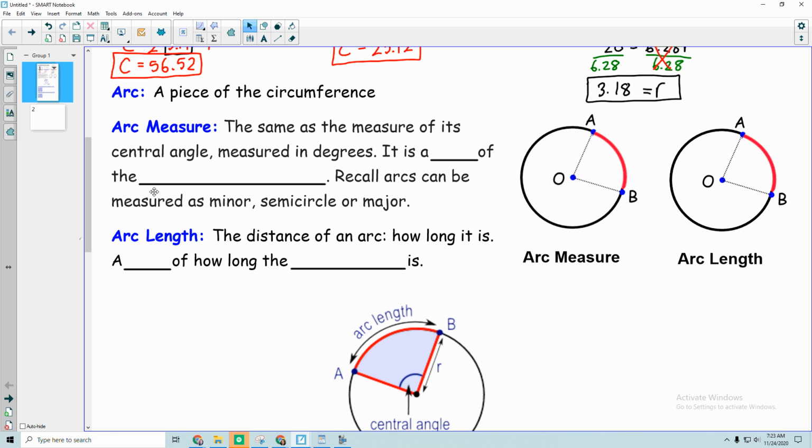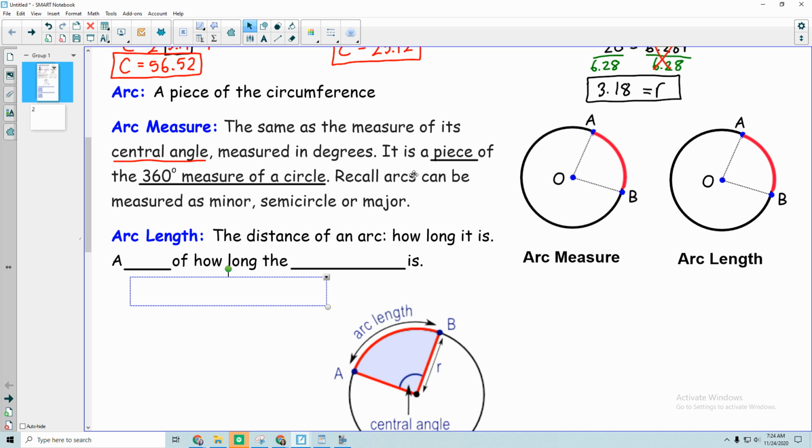So then, if we're going to distinguish between these two things, and we've talked about arc measure before, the arc measure is the same as the measure of its central angle, okay? Measured in degrees. It is a piece of the 360-degree measure of a circle.